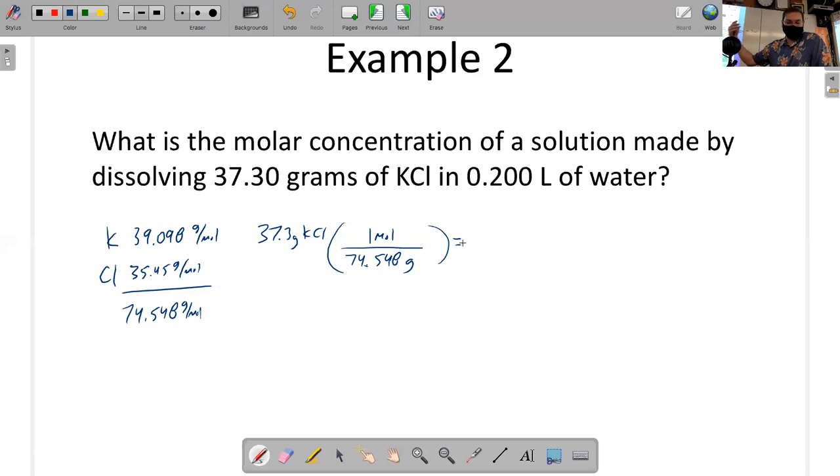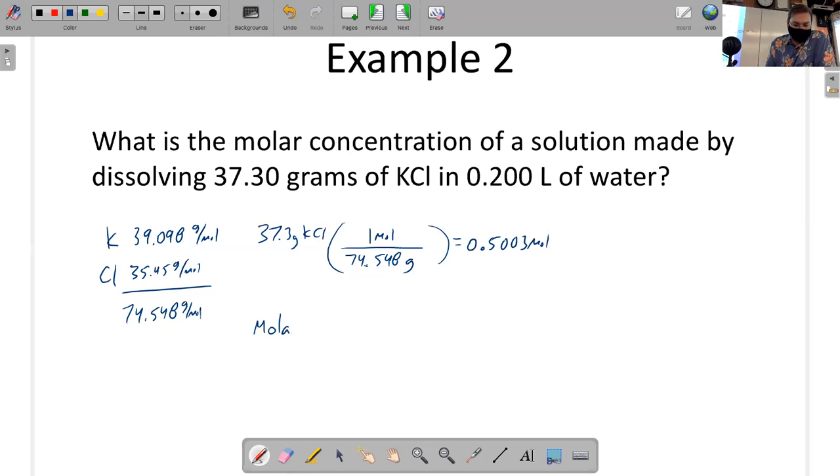I got to know a number of moles to be able to figure out the molar concentration. But I've got grams, so I got to convert that into moles. But to convert grams into moles, you got to figure out the formula mass. So 37.3 divided by 74.548 is around a half a mole. So we're going to put 0.503 moles of potassium chloride in 0.2 liters of solution.